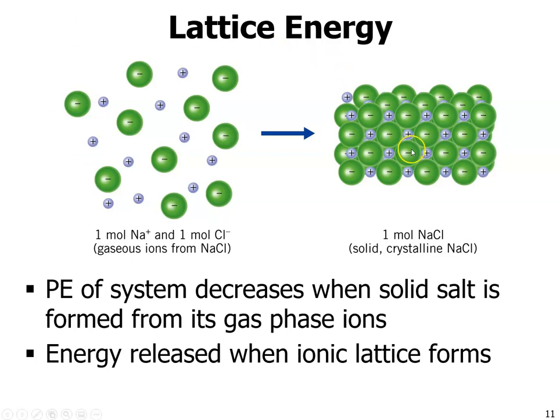But when we move over here into this lattice, we've lost all of that energy. And the potential energy of the system is decreased when the solid salt is formed from the gas phase. So that decrease in energy is going to be a release of energy from the system into the environment when that lattice energy is formed.